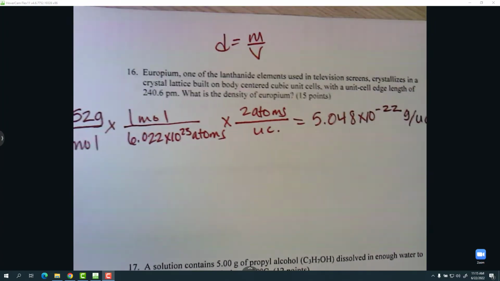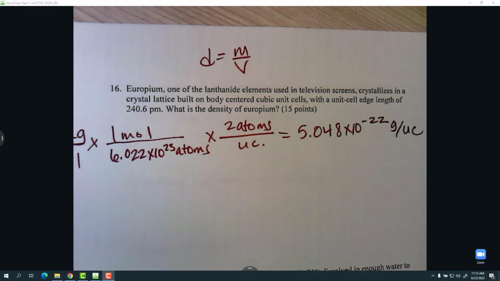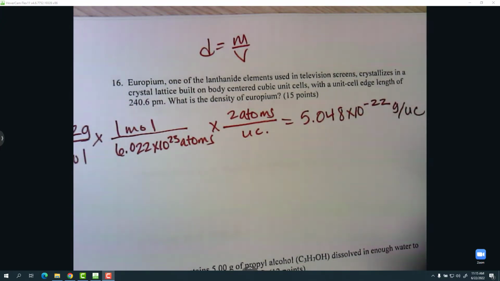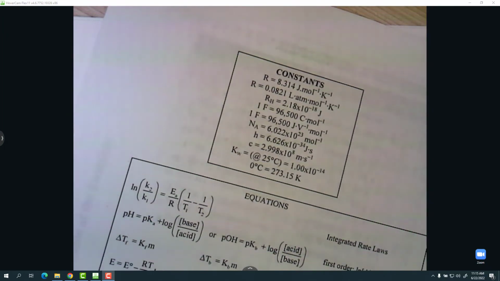Now I need to do the density. For the density, okay, I've got, sorry, I'm reading this again. All right, edge length. Okay, so it could give me the radius. I'm looking at the equation sheet. That's why I paused there. I was looking at the radius here. I told you don't need to know the relationship between the radius and the edge length. It's not on the equation sheet.